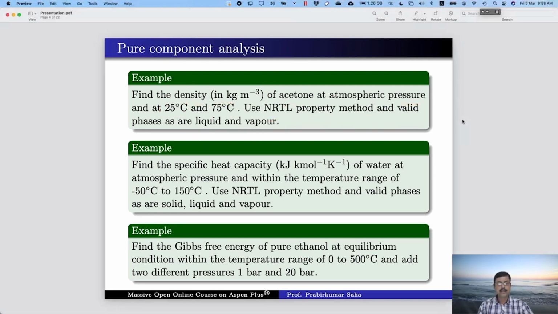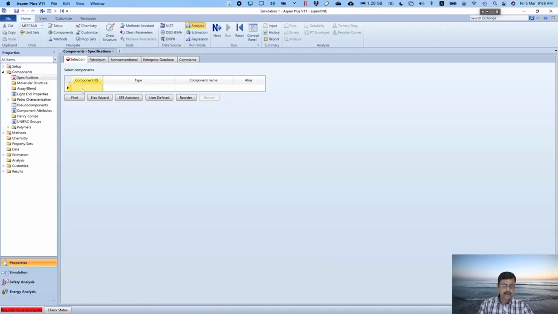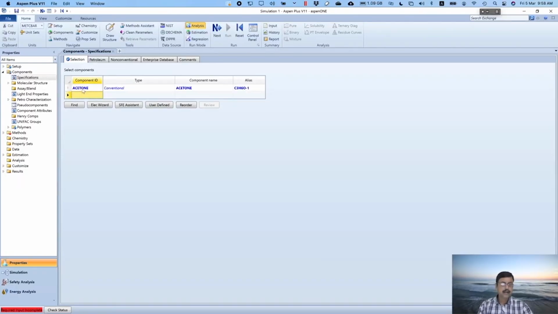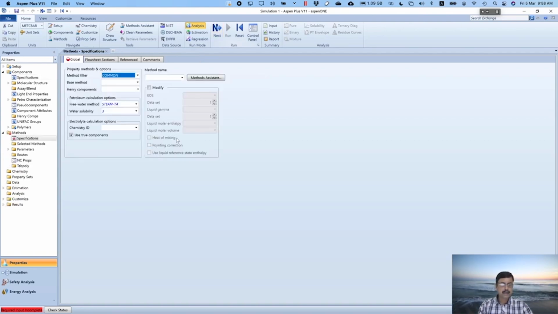We have to go to the Aspen Plus simulation window. So let us press acetone over here. And we have to select a property method. Let us choose inertial and then run.